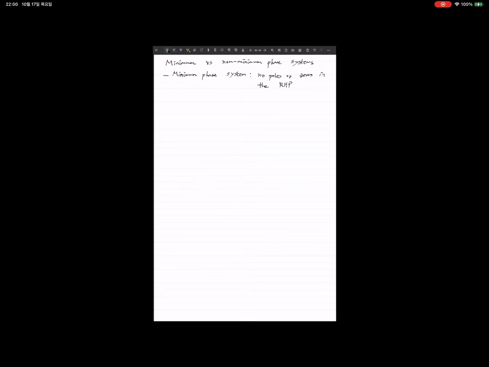So we have looked at the system's performance based on the pole location, and let us look at the effect of minimum phase zero. Here, let's look at some example with step input.